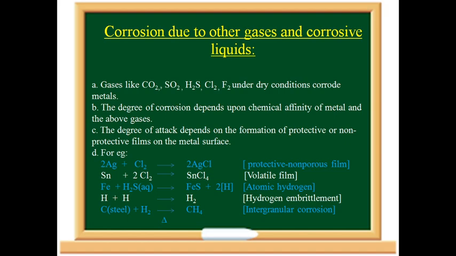So this is what I am trying to explain to you in point number B. The degree of corrosion depends upon chemical affinity of metal and the above gases also.